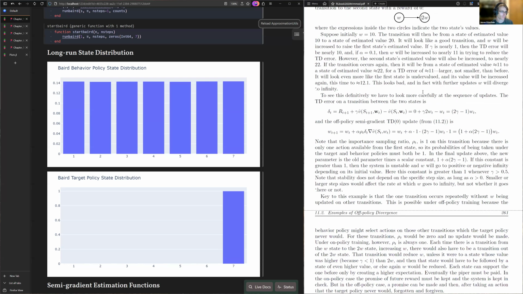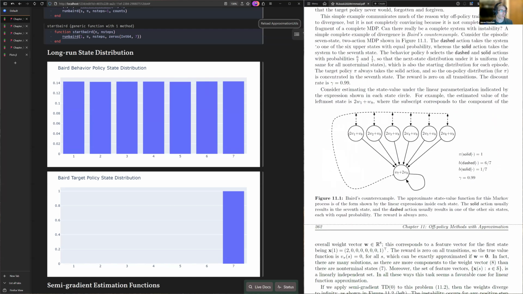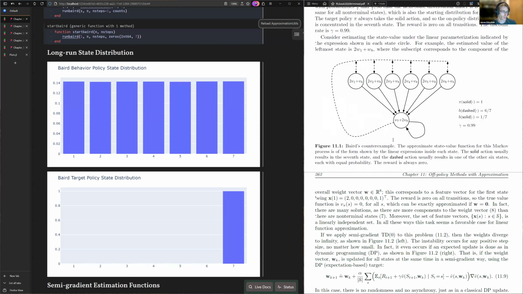Even if we can fully over-determine the system with parameters, we still have this problem of doing the gradient update with the wrong distribution of states.